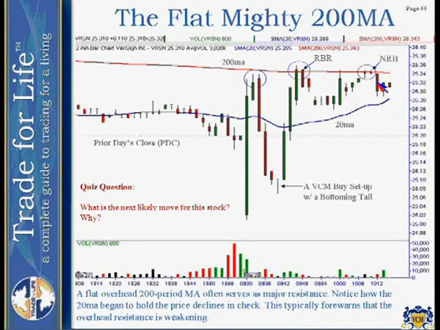What's the next move? Up big or down big? Up. That's right. Excellent. The 20 is now halting the pullbacks, telling us that a blast through is imminent. Okay, beautiful.